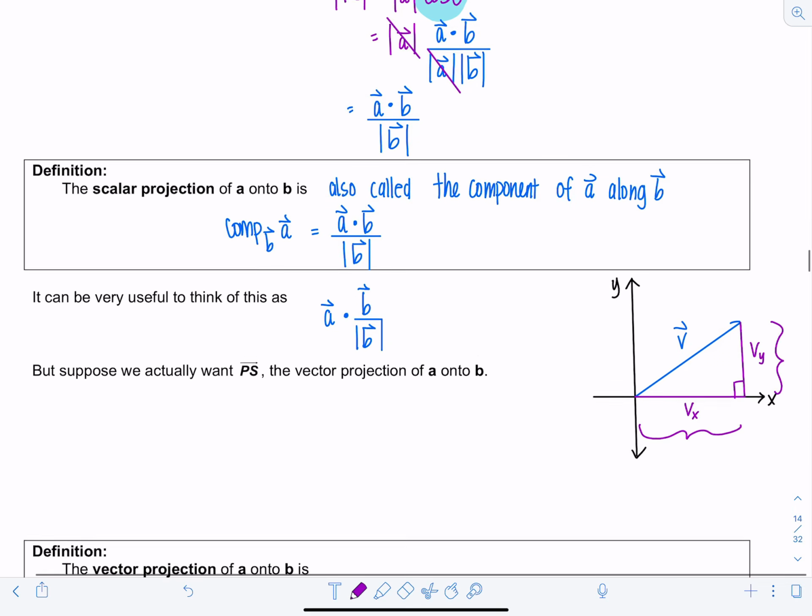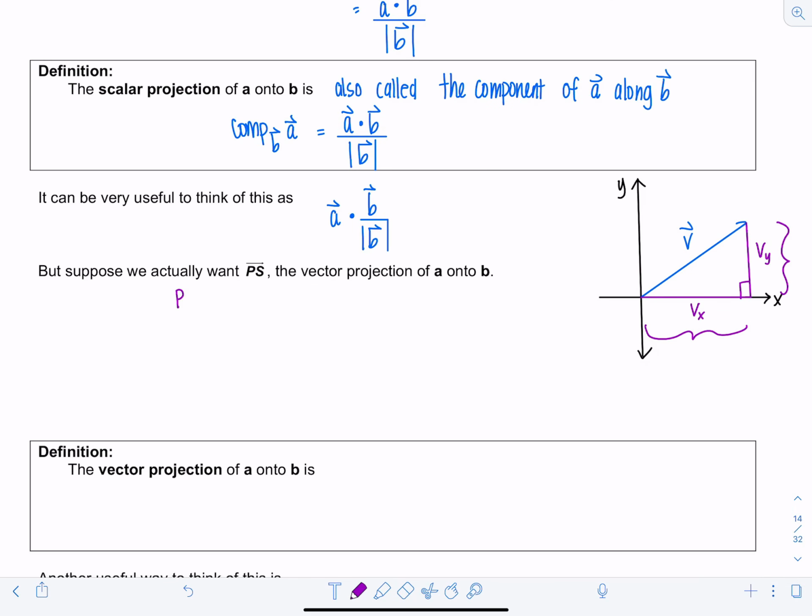So the process is as follows. If I want the vector projection, we write that as projection of A along B, and that would be the scalar component of A along B times B divided by magnitude of B. Remember, we want a unit vector. So the scalar component gives us our magnitude. This preserves the length of the projection, and then this is the direction.